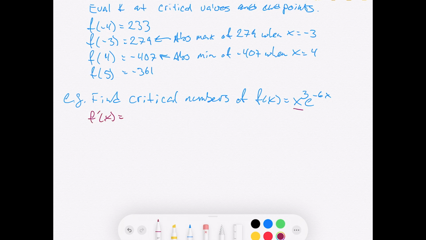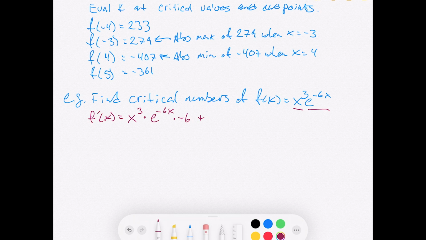So this is my first factor, this is my second factor. So I'm going to keep my first factor, x to the third, and multiply by the derivative of my second factor, which is e to the u du. So we keep e to the negative 6x, and then we multiply by the derivative of the exponent, which is negative 6.